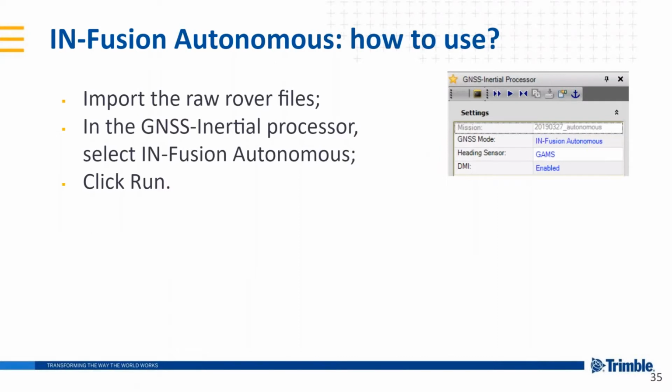To use Infusion autonomous, import the rover files, select Infusion autonomous in the GNSS inertial processor, and run the processing.